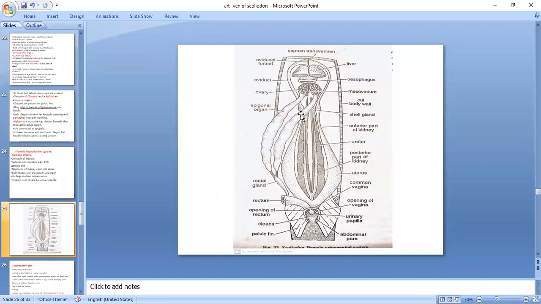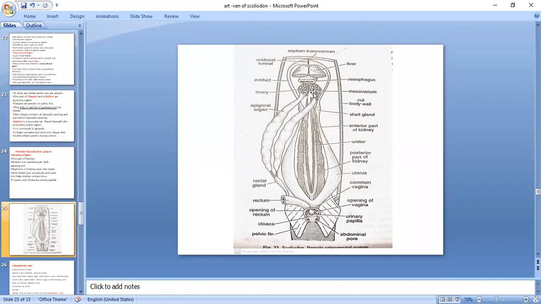Then one pair of oviducts is present, running almost from the esophagus region to the cloaca region. So the oviducts are very long. The anterior parts of both oviducts are almost fused, but a vertical slit is present that is called the oviducal funnel or ostium.